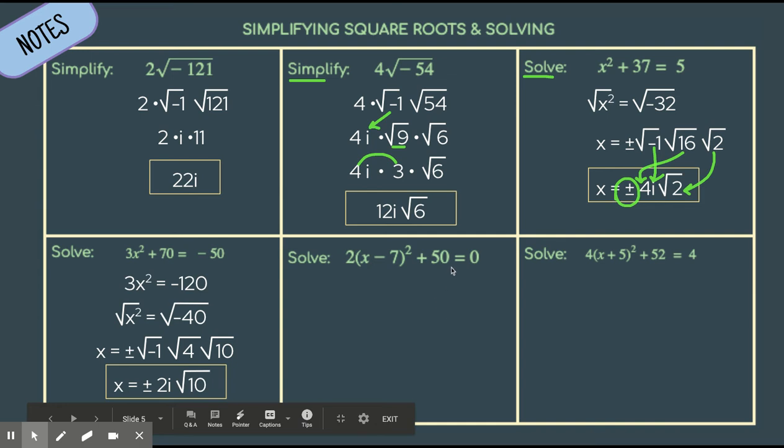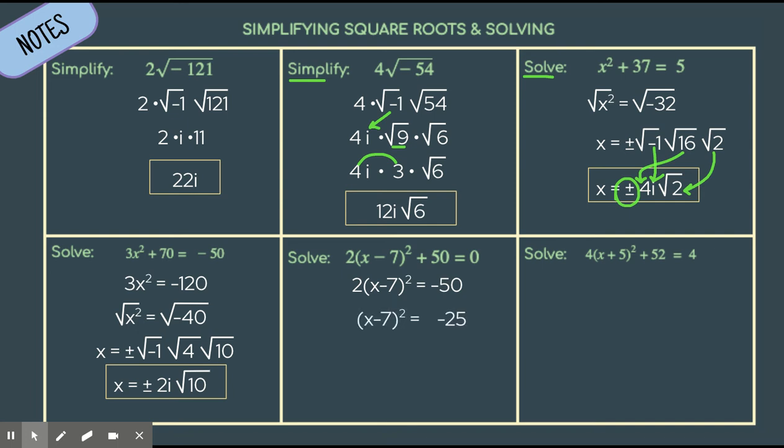Okay, moving on. Over here, I want to subtract this 50 from the 0, which makes negative 50. Divide by 2 on both sides, which makes negative 25. And take the square root. Now, there is a square root of 25. It's 5.